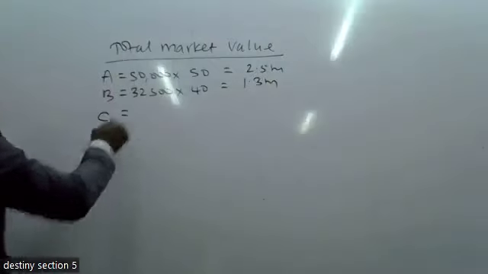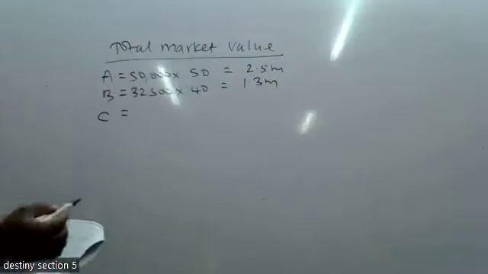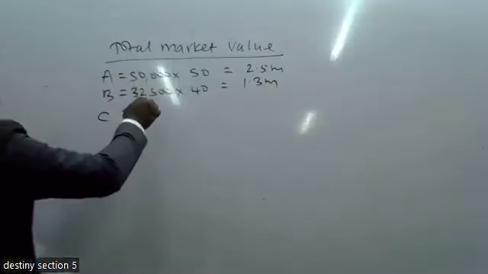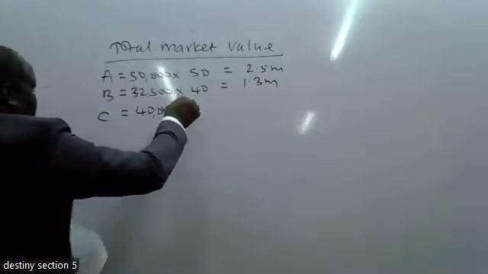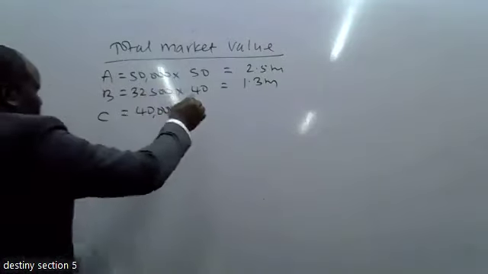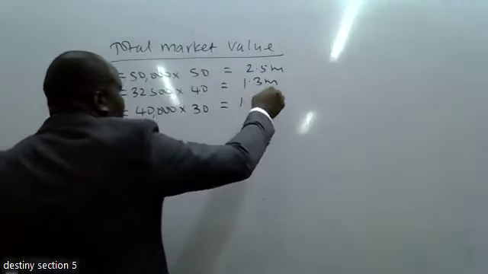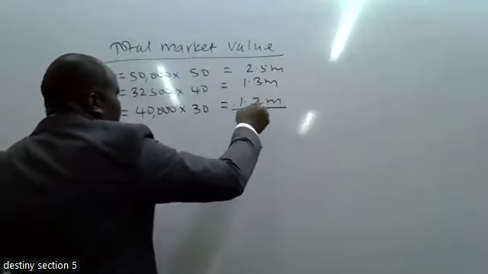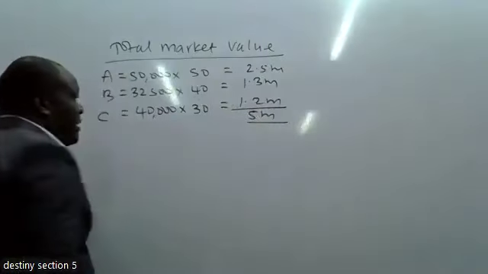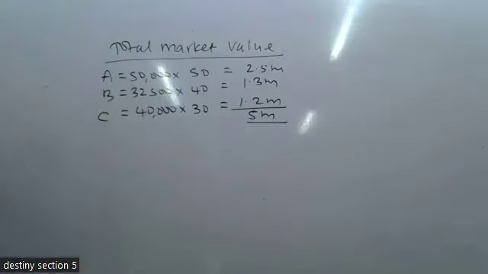There is also C. For C, it is 40,000, also multiplied by 30, which is supposed to give you 1.2. So when you add them together, they add up to 5 million.